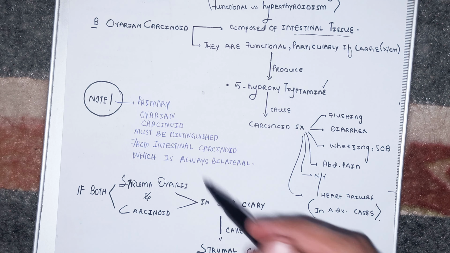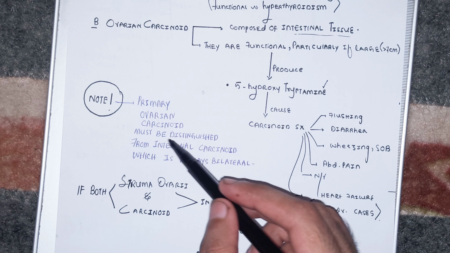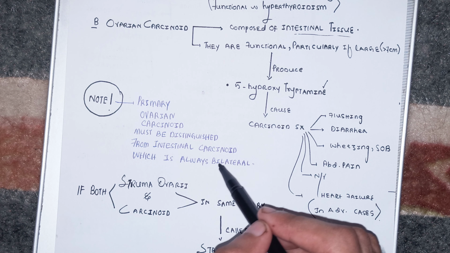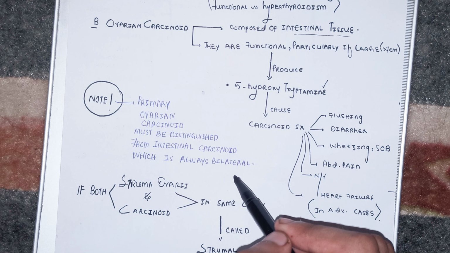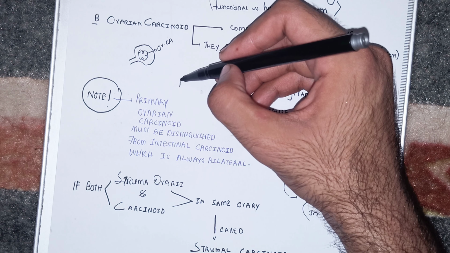One thing to be noted here is that beta primary ovarian carcinoid must be distinguished from the intestinal carcinoid, which is always bilateral. Look beta, this is your ovary, okay, and you can develop this condition called ovarian carcinoid. Okay, and the carcinoid can also be developed in your intestine beta.